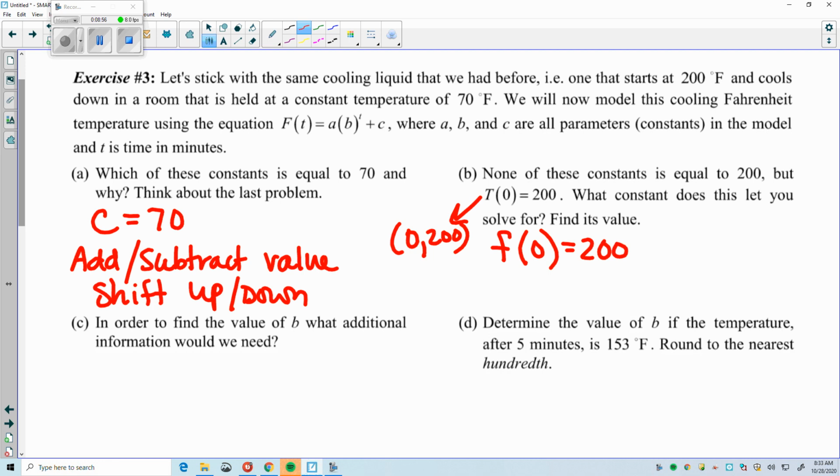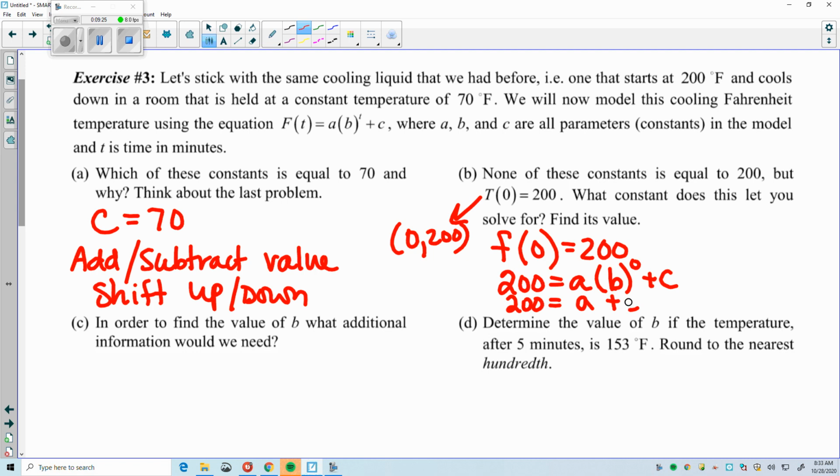So let's think what we have. So 200 is equal to A times B, I'm plugging in 0, plus C. Okay, so let's solve this. We know anything to the 0 is 1. So now I have an equation that is A times 1 plus C. But we know C is 70. We found that back here.